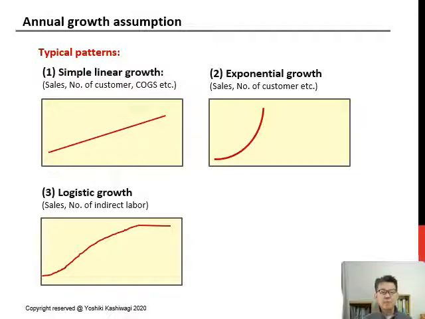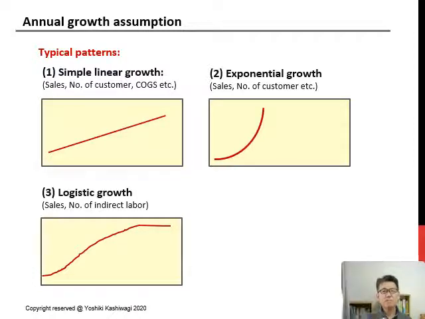The last one is called logistic growth. You can see some sales growth, but any industry, any business will have some limitation. So your business will sometimes saturate. In such a case, you cannot grow your business forever.